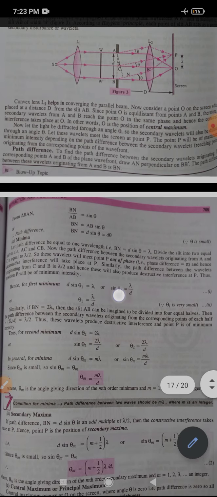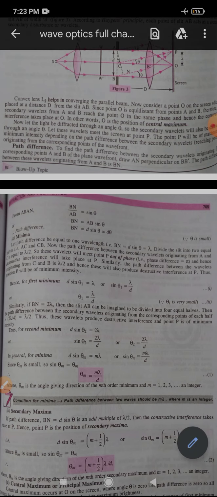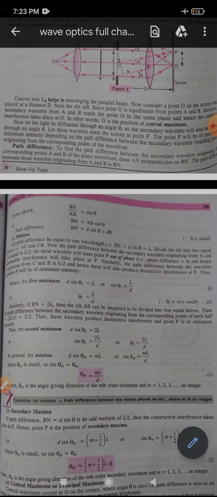Hence there is destructive interference, so we get position P with the minimum intensity. So for the first minimum we get d sin theta 1 is equal to lambda, or sin theta 1 is equal to lambda by d. So theta 1 is lambda by d, where we have taken theta 1 as very small.